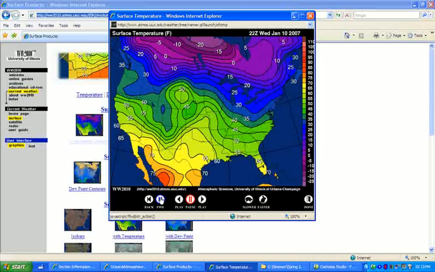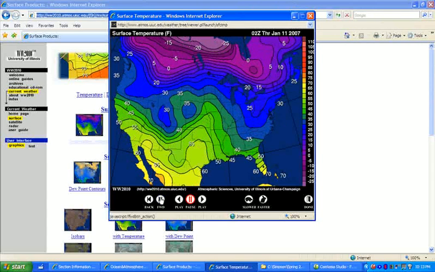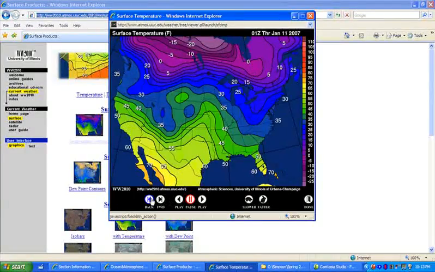So again, let me just go forward in time. We're seeing a little bit of cooling, but as of 2Z, the temperature in Des Moines is still 41. So do we want to go all the way down to 30? I'm thinking probably not. And in fact, temperatures have not changed very much over the last few hours.